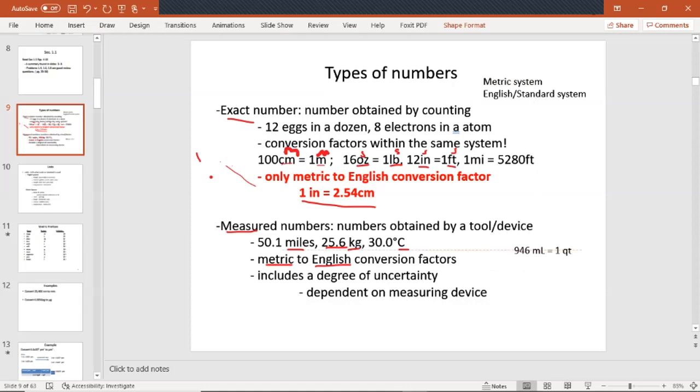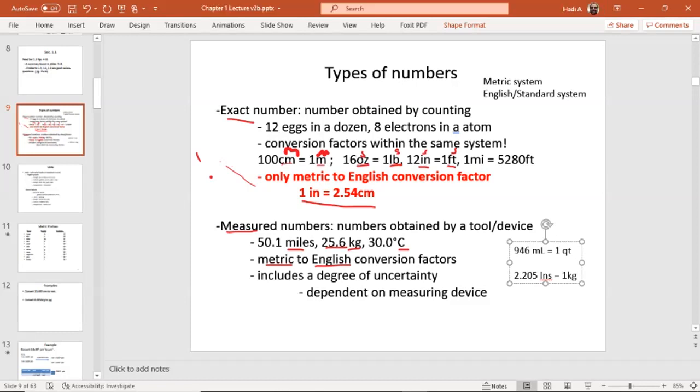That's a measured number. Or there's 2.205 pounds in 1 kilogram. That's a measured number because it's English to metric. And one other one, 0.9144 meters in 1 yard.